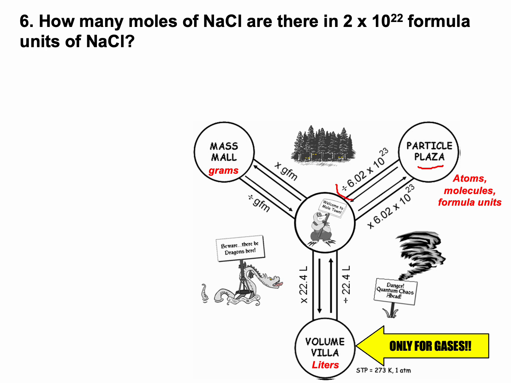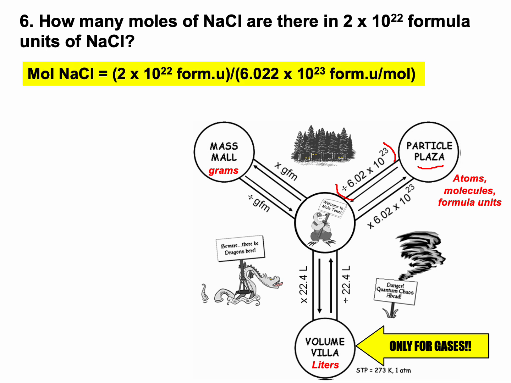So I would recommend always putting Avogadro's number inside parentheses so that you don't have that issue. So we do the 2 times 10 to the 22nd formula units divided by Avogadro's number, and it gives us 0.033 moles of sodium chloride.